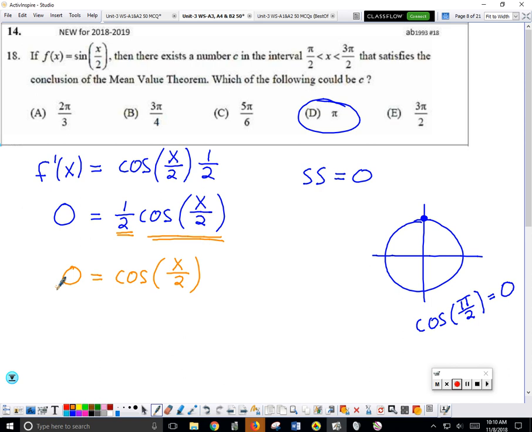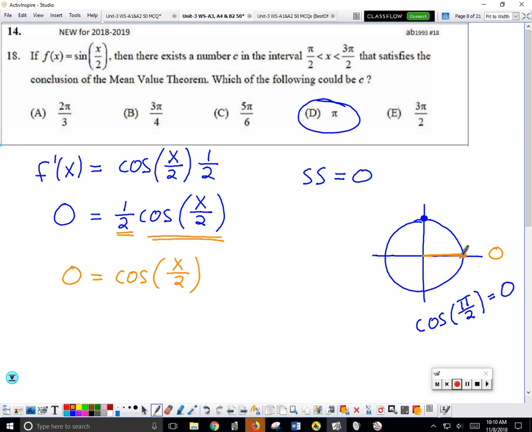So somehow the cosine of something divided by 2 must equal 0. Well, I just start checking. Right here the angle is 0. So if I plug in 0, this would be the cosine of 0. But the circle helps me remember all the different cosine values. The cosine of 0 is this distance. That distance is 1.